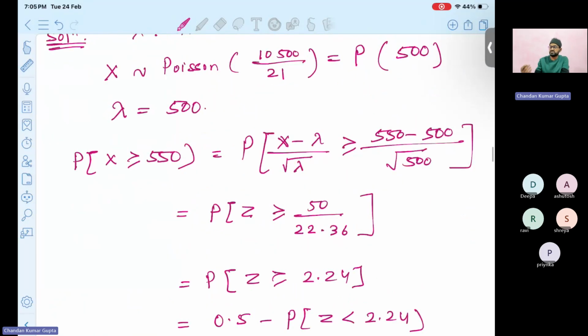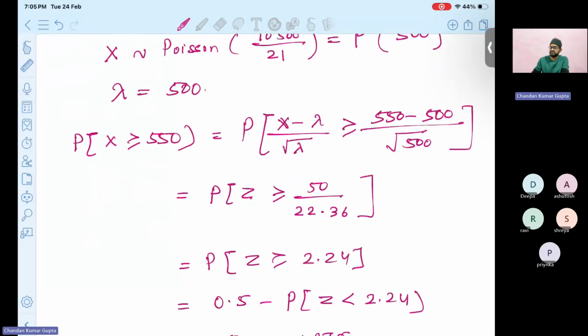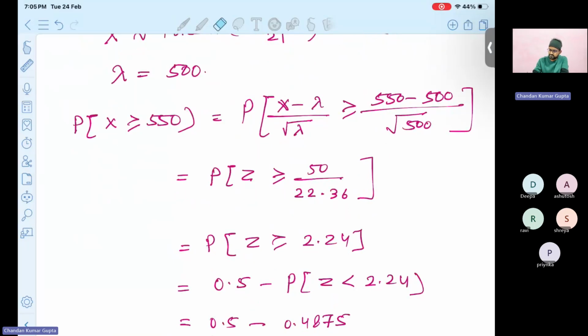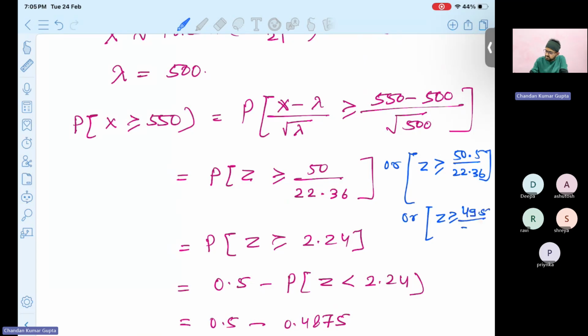So we usually add or subtract here. We usually write Z greater than or equal to 50.5 divided by 22.36, or 49.5 divided by 22.36.